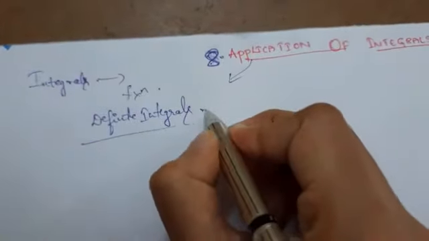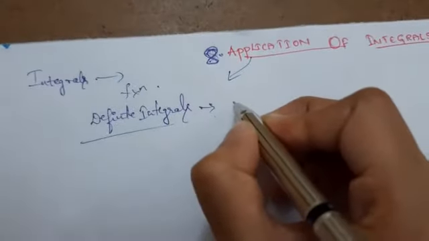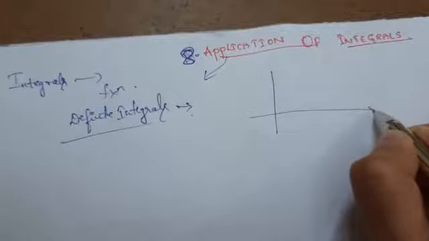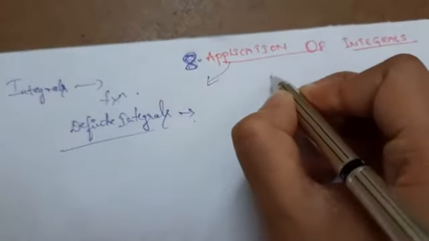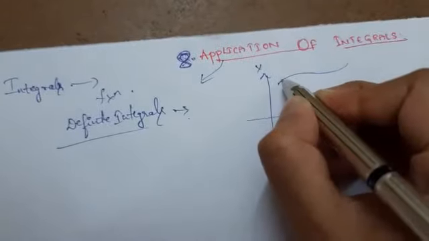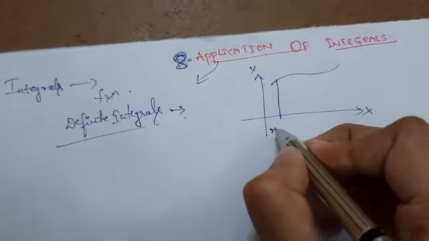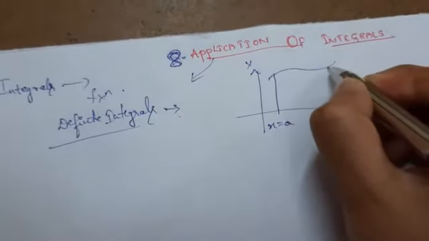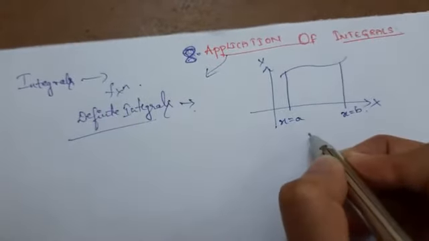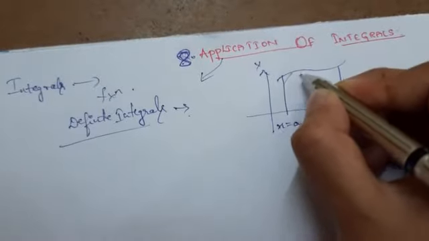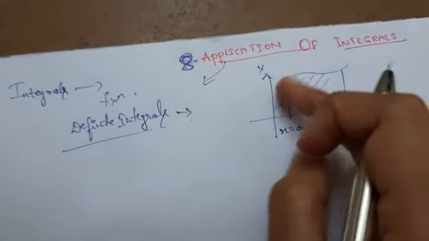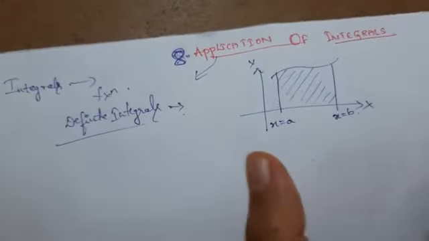While studying definite integrals, we came across this: if we draw a curve, say this is the x-axis, this is the y-axis, and this is a curve, and this is x is equal to a and this point is x is equal to b, and suppose I ask you to find the area of this, clearly it is not a square or a rectangle.